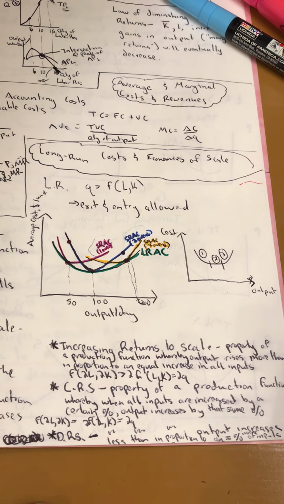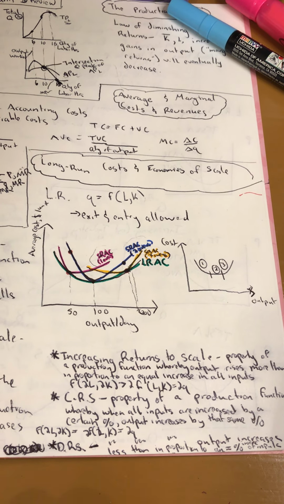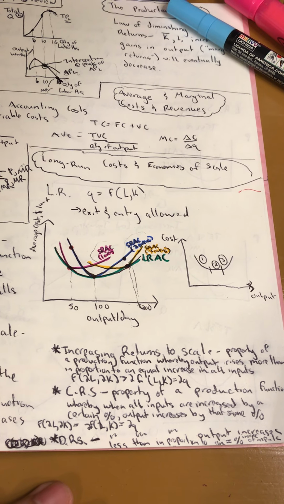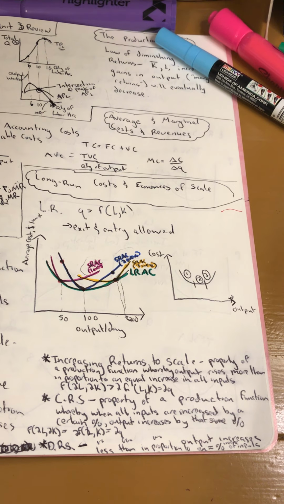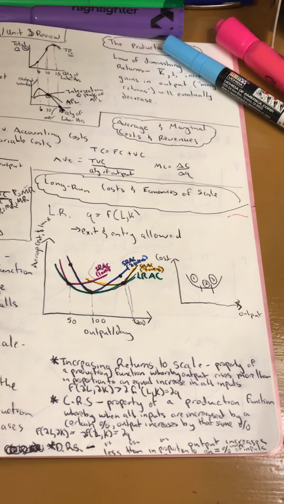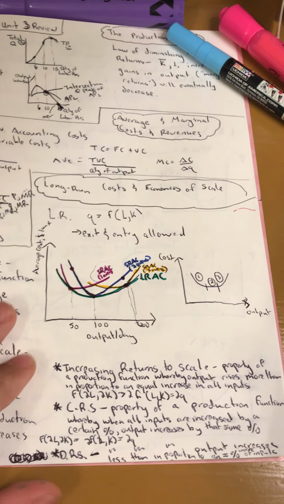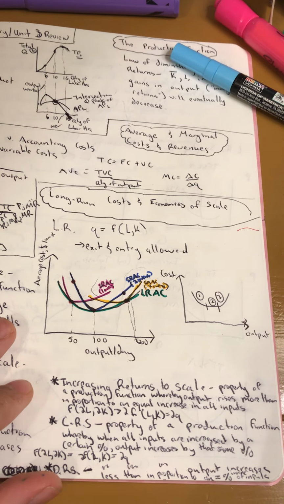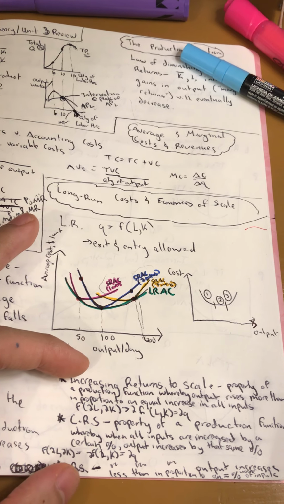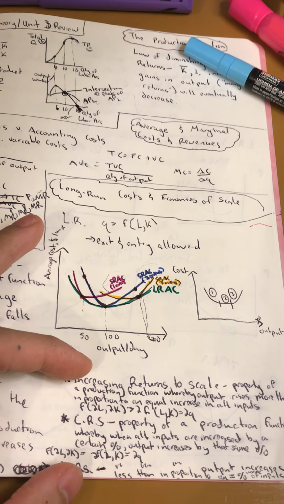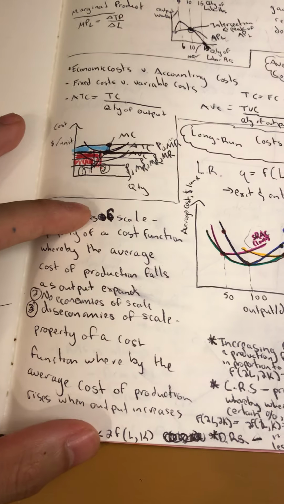Constant returns to scale, where inputs are increased by a certain percentage, output increases by the same percentage, and then decreasing returns to scale is the same idea, but if you doubled inputs, your output would less than double, right? So these describe the relationship between output and inputs, and this describes the relationship between costs, right?